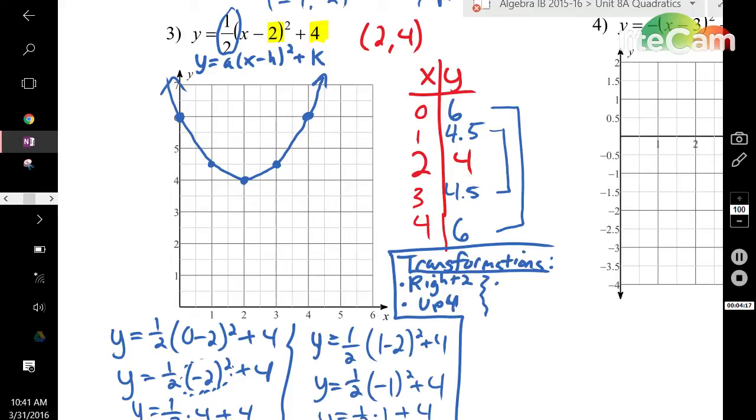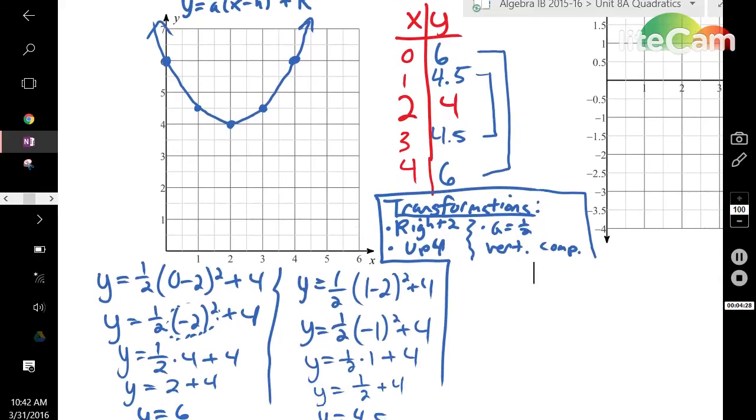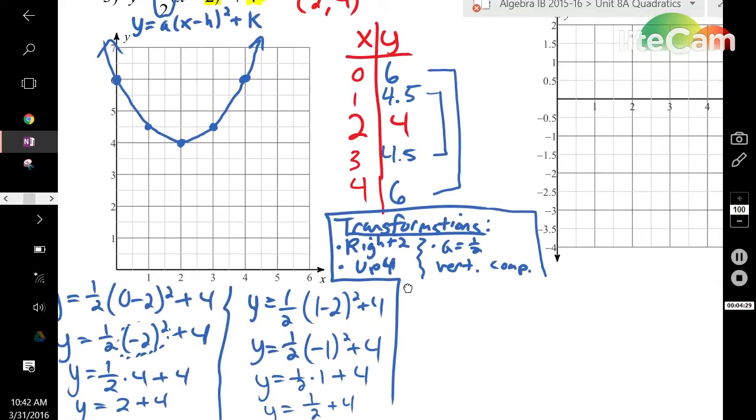The a value is 1/2, so therefore it is vertically compressed. And it was not reflected. A is positive, so you don't have to write anything for that. And those are your transformations.